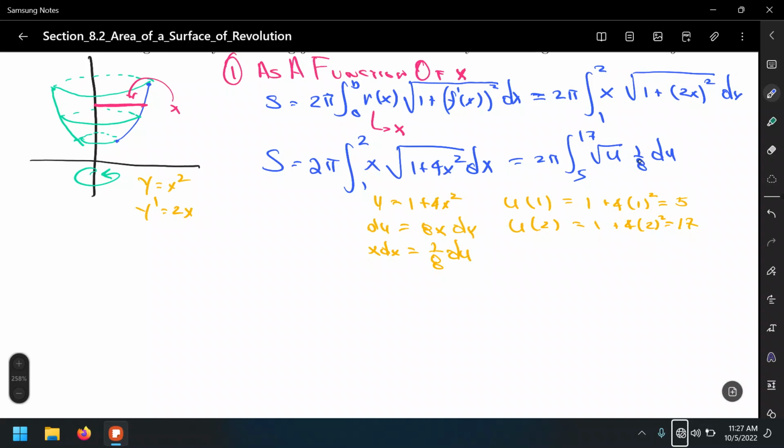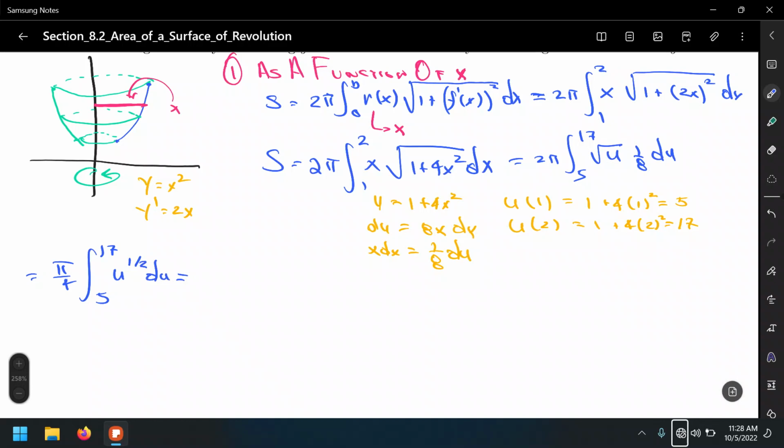Take out this 1/8 out of the integral and reduce it with the 2 pi. So 2 pi over 8 really reduces to pi over 4. And that's the integral from 5 to 17 of u to the 1/2 du.